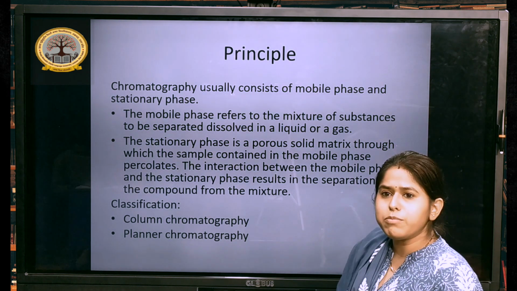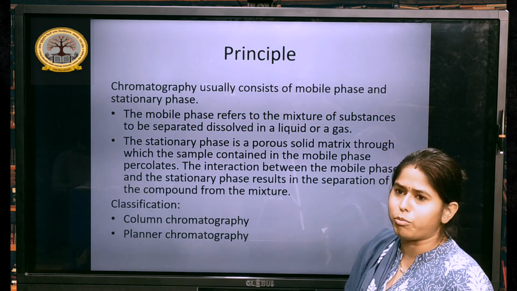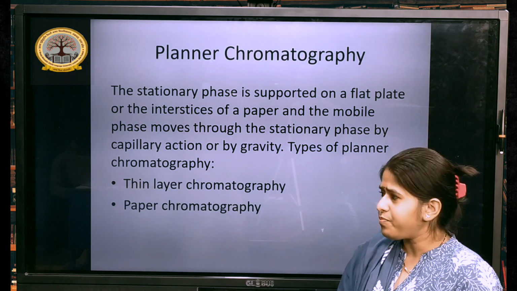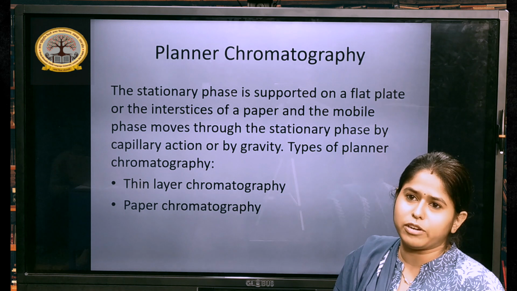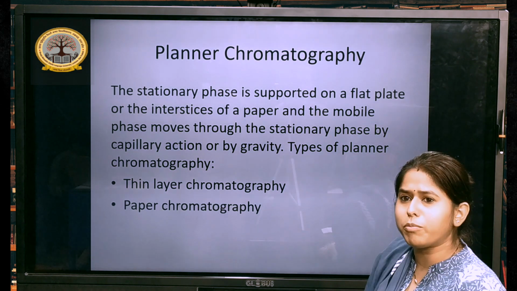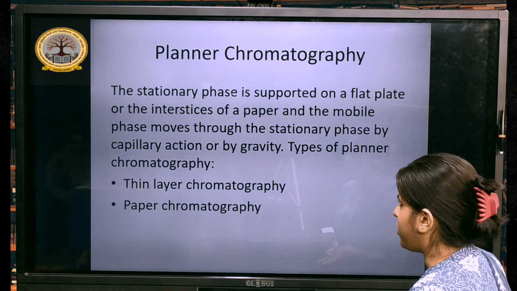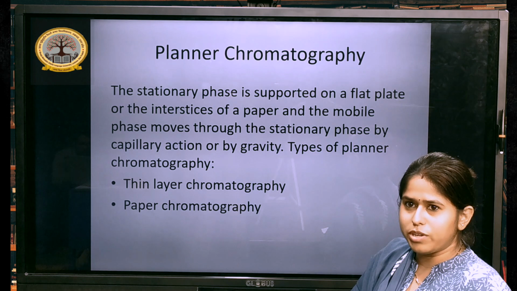Basically, we have two types of chromatography, that is column chromatography and planar chromatography. Today we are discussing planar chromatography. In planar chromatography, we have two types: one is paper chromatography and another is TLC, that is thin layer chromatography. We will be covering TLC in today's topic.